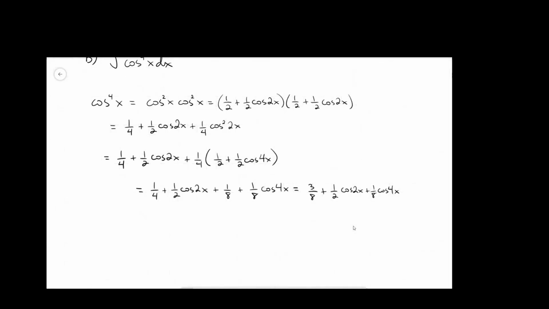Okay, so what that tells us is that after all of this stuff that we've done, the integral that we started with, we've done our power reduction identities, but all of this was just equality, right? So now we're at the point where we know the integral of cosine to the fourth of x can be done by doing this integral.